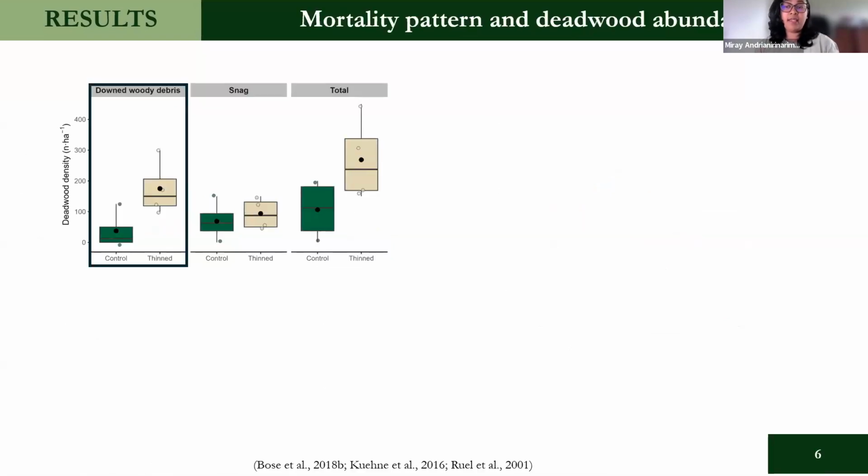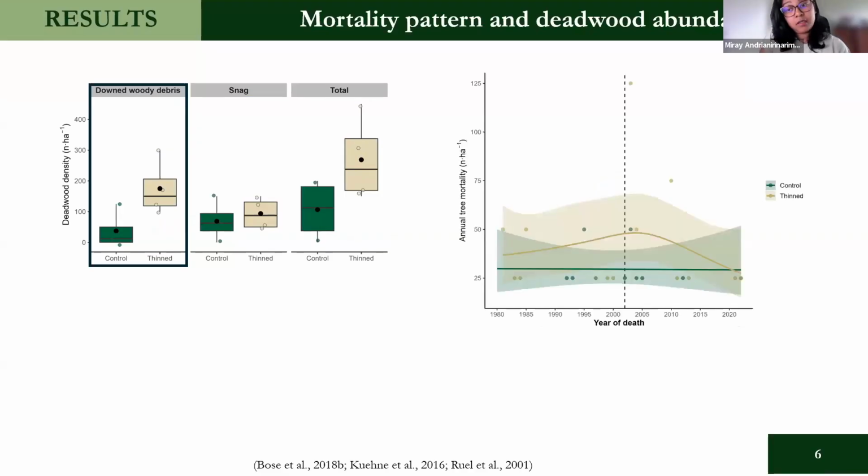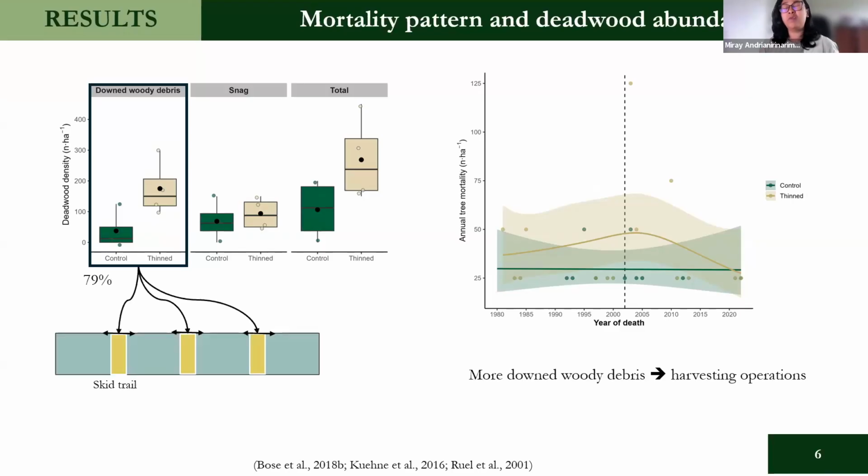And for the mortality dynamics, we found more downed woody debris within the thinned plots, but no significant differences in annual tree mortality, despite a slight increase in mortality right after the thinning year. In addition, we found that around 80% of the downed logs were located within 5 meters of the skid trails.